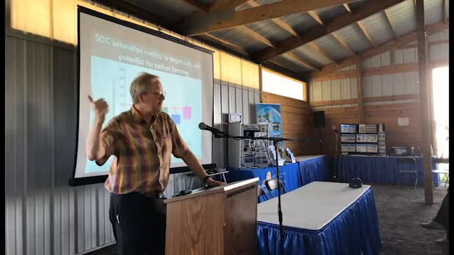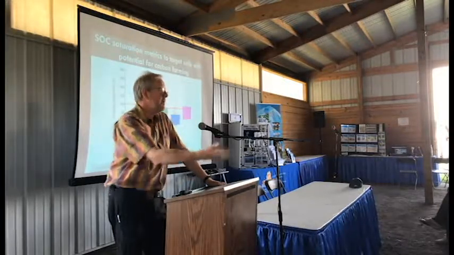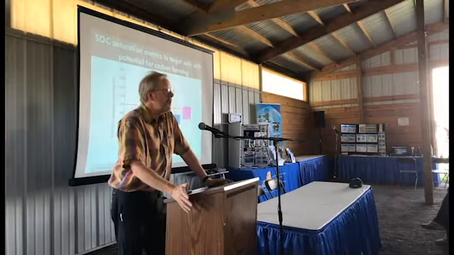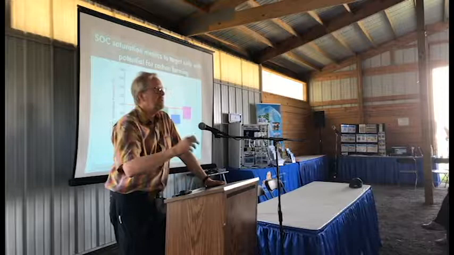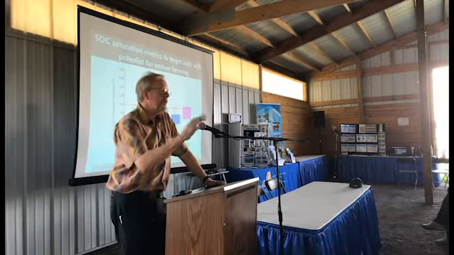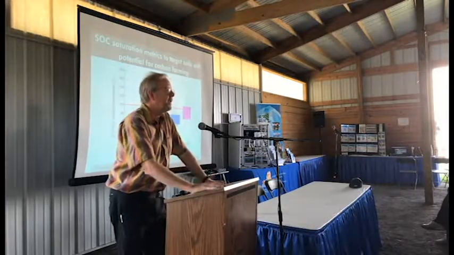A lot of it gets exported off the farm, but they may be using strip till or no-till. So they're reducing the negative effects, but they also have less of the beneficial practices.